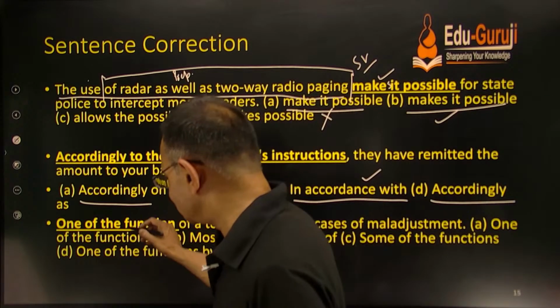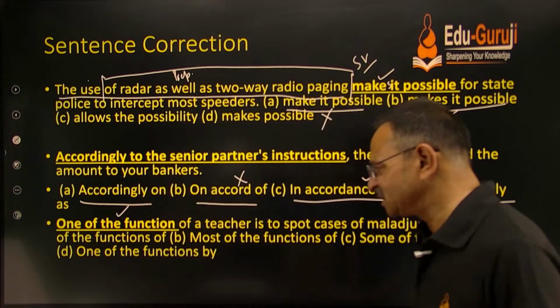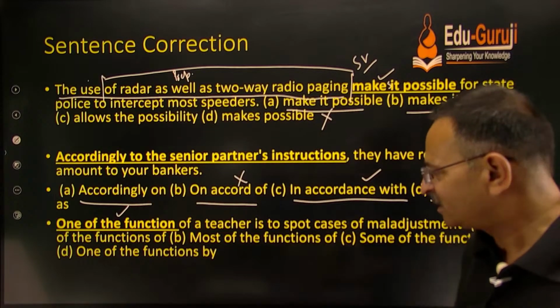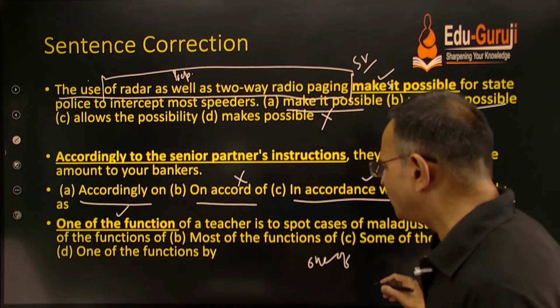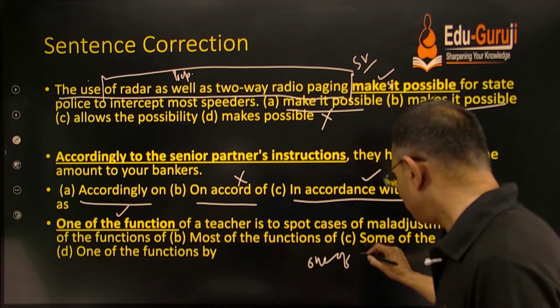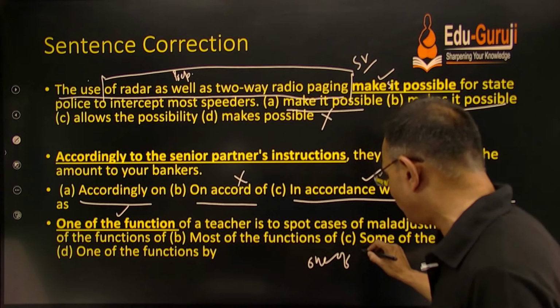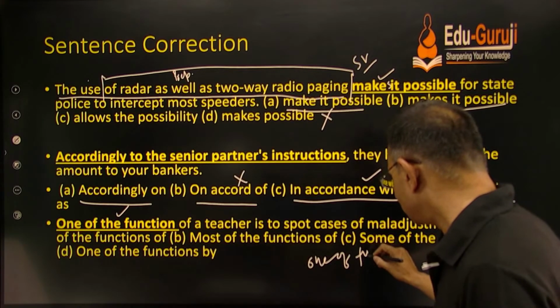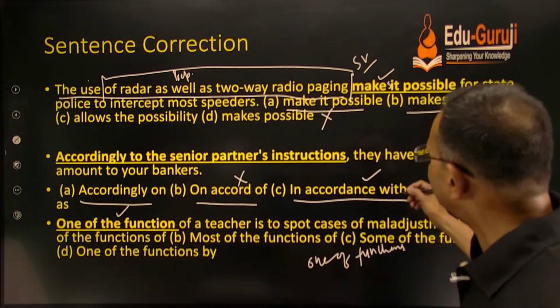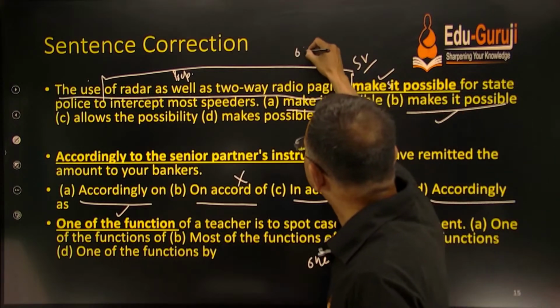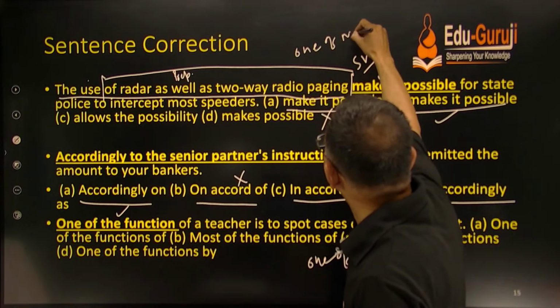So we have this particular option, "one of the function". Always remember, whenever we say "one of", the noun which is followed by "of" should always be plural. So it should be "functions". Isn't it, you say "one of my friends".